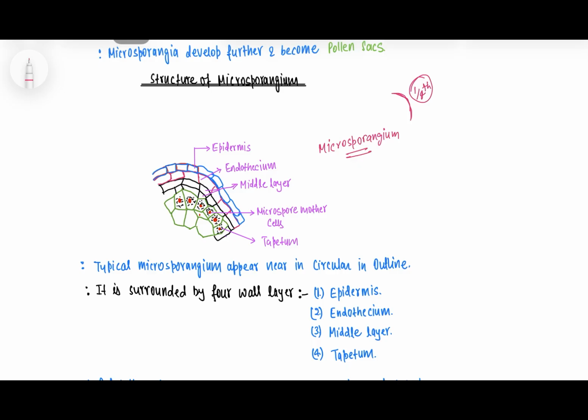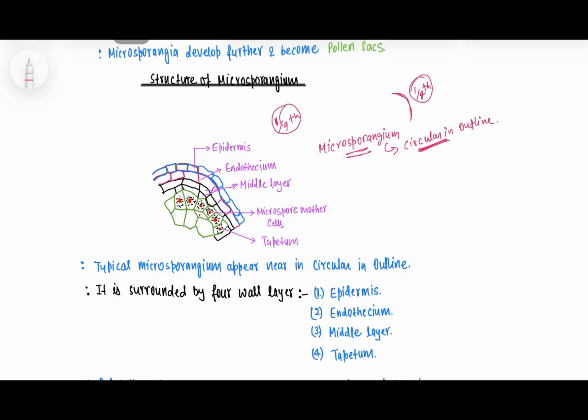So a typical microsporangium appears circular in outline. What I have drawn is only 1/4. You can finish this diagram in a similar fashion and you will get this circular shape.